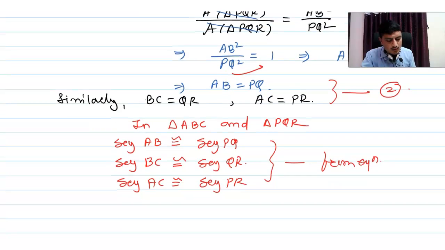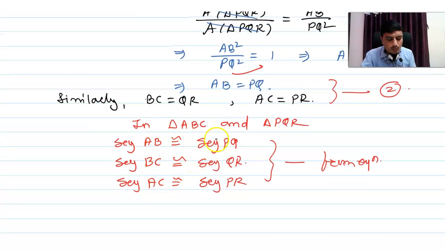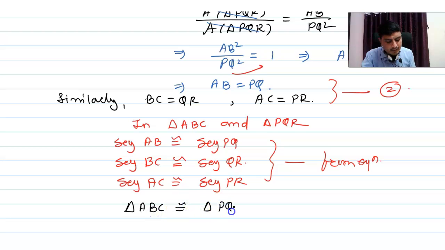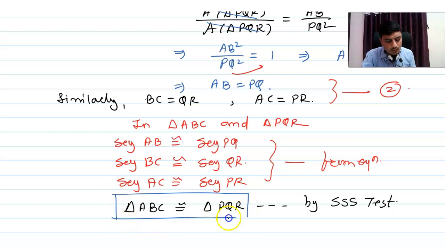Once the three sides of one triangle are congruent to the corresponding three sides of the other triangle, we can say that triangle ABC and triangle PQR are congruent by the SSS test. Hence, once two similar triangles have the same area, the given two triangles are congruent.